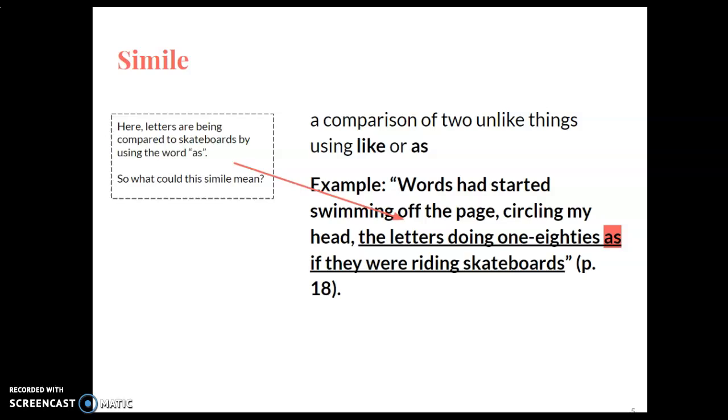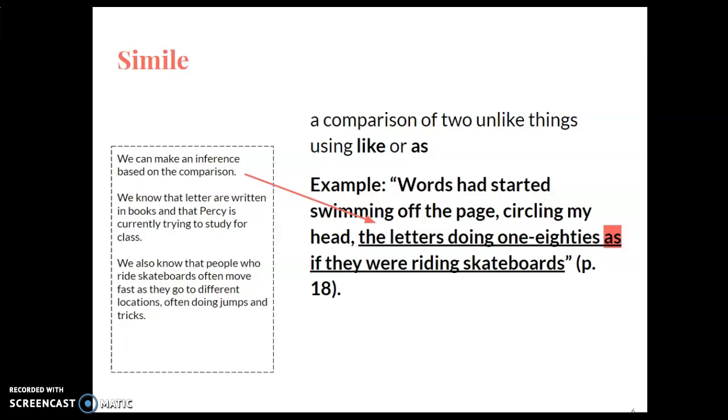So what could this simile mean? Well, we can make an inference based on the comparison. We know that letters are written in a book and Percy's trying to study for class. We also know that when people ride skateboards, they move fast, they go to different locations, they do jumps and tricks.